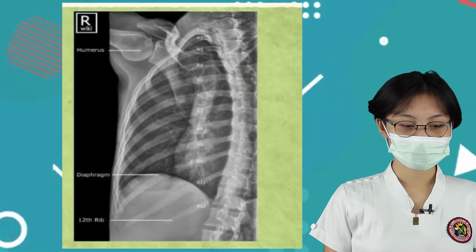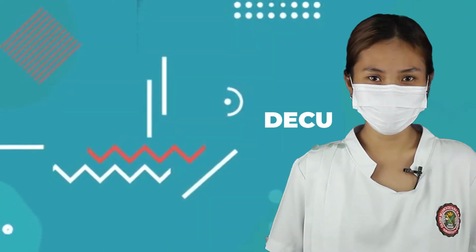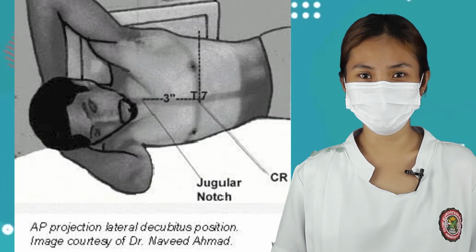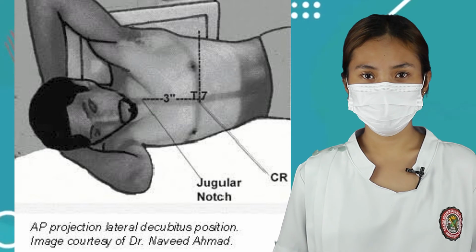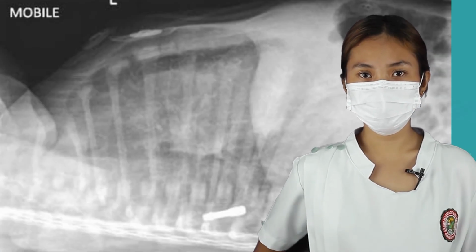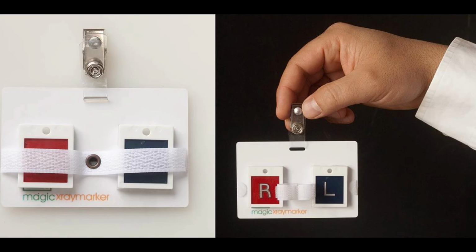For a right posterior oblique, or the RPO position, mark the right side. For decubitus positions of the chest projection, the right and left marker should always be placed on the side up, opposite the side laid on, and away from the anatomy of interest.